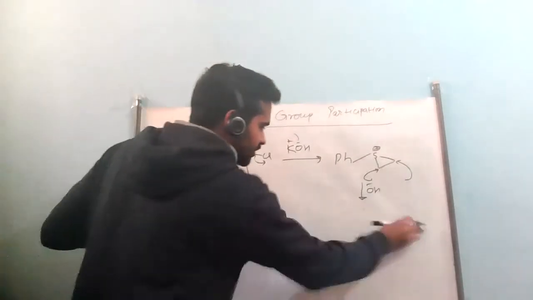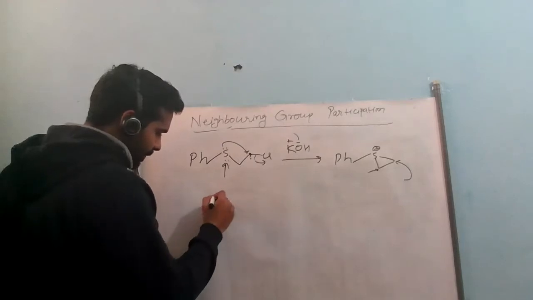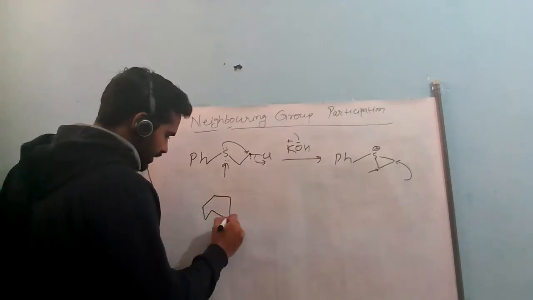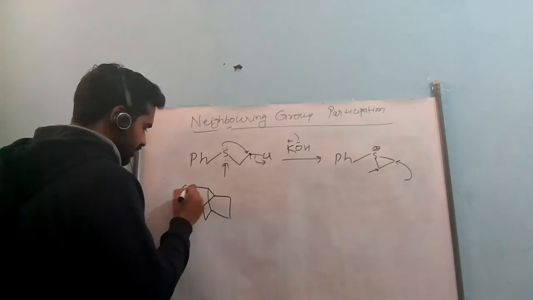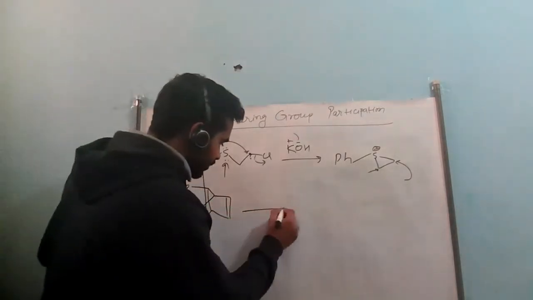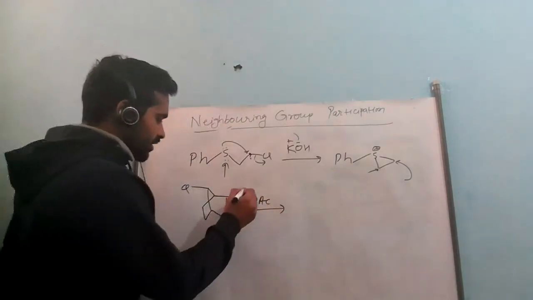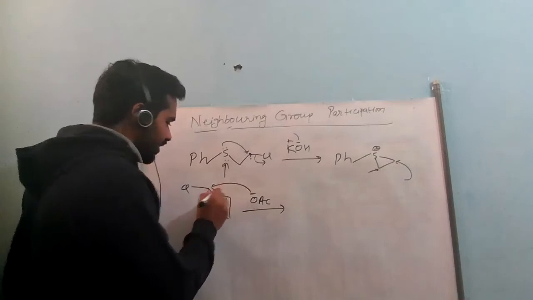See, suppose I have an example like this. This is Cl, this is pi bond, and if I add OAc minus here, then this negative charge should attack here.